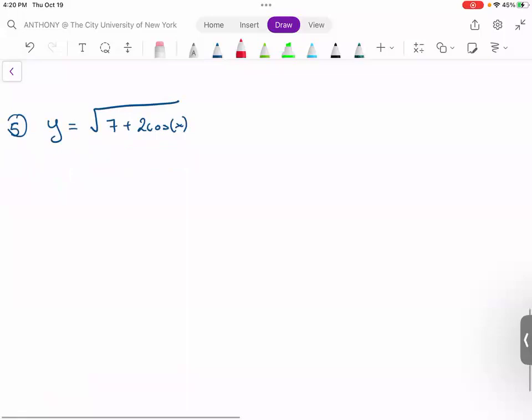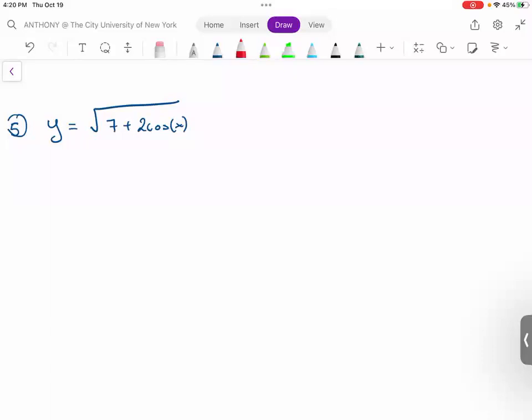So in example number 5, you have y equals the square root of 7 plus 2 cosine of x. This is a problem that involves a chain rule, okay? But you have to rewrite this equation. In particular, you need to rewrite it where you're rewriting the radical using a fractional exponent.